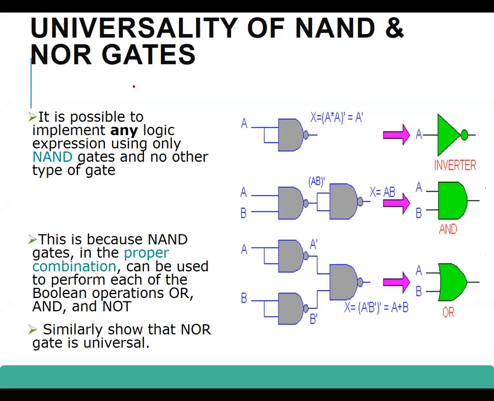Now we are talking about the universality of NAND and NOR gates. So what is universality? In other terms, we can implement any logic expression using only NAND gates and no other type of gate.